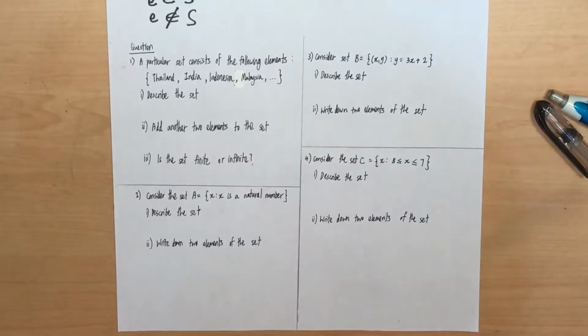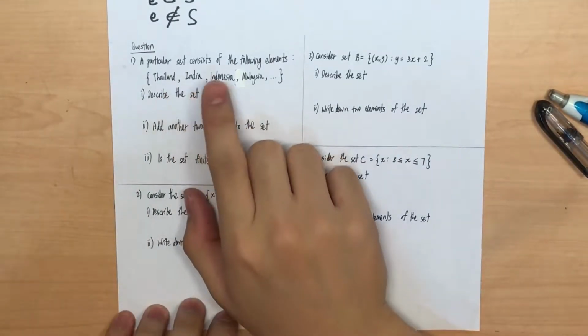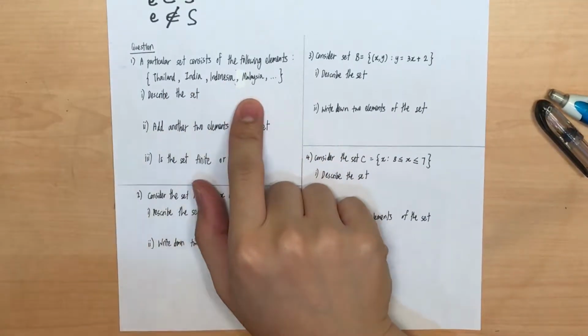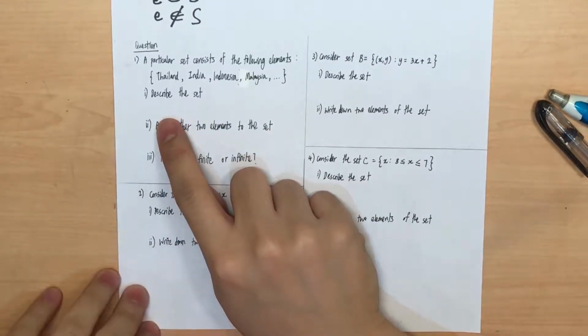For example, we have these 4 questions. Question 1. A particular set consists of the following elements: Thailand, India, Indonesia, Malaysia. The first question asks us to describe the set.